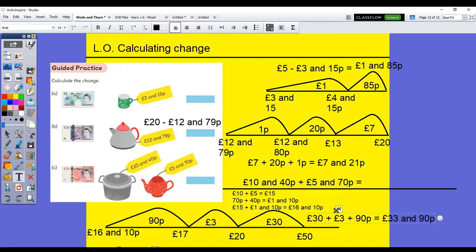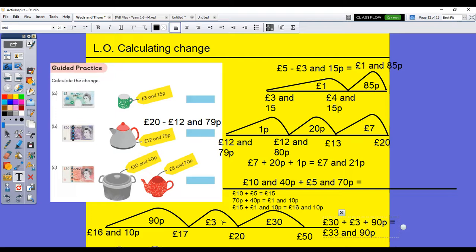Okay? Remember, I'm showing you on a number line because I think it's a really good way for you to see how we can count to the nearest 10p, or count to the nearest whole pound, and count to the nearest whole £10, so you can really break it down so you can see what I'm doing.